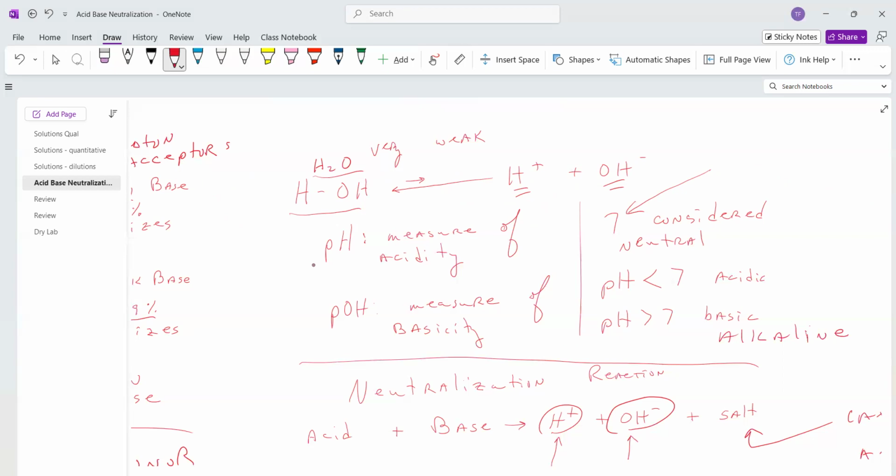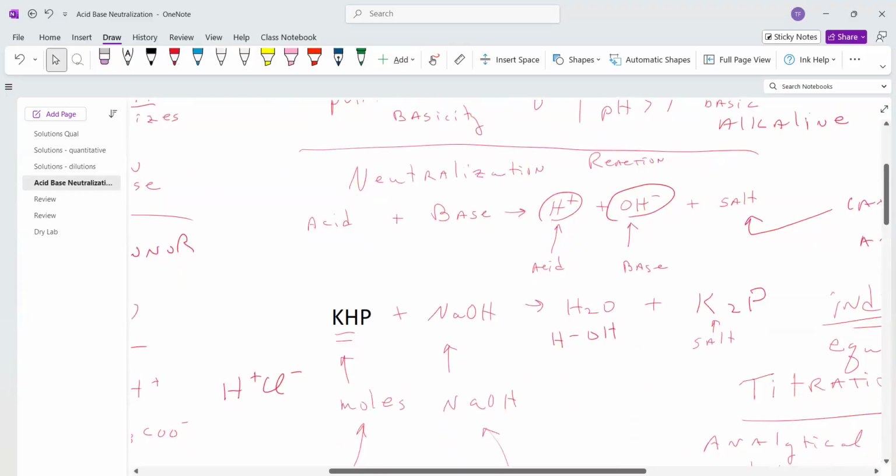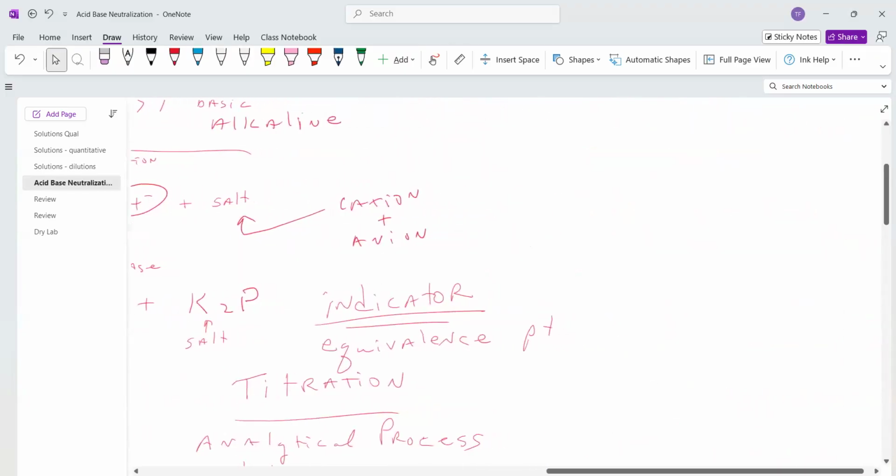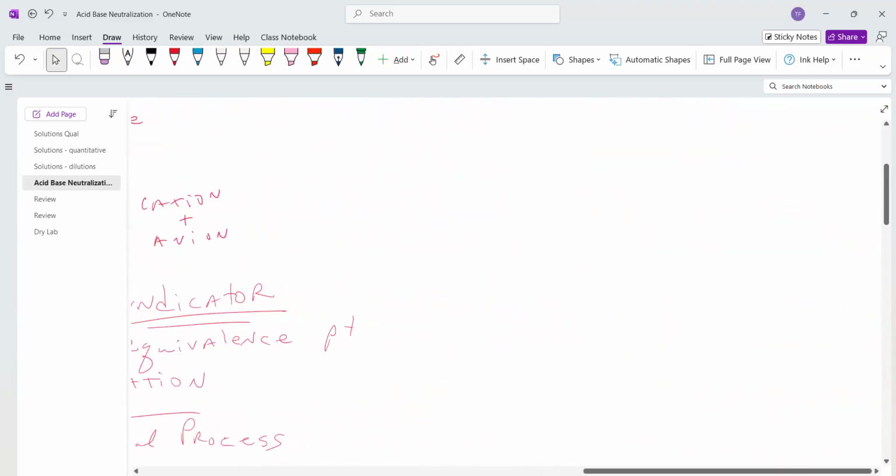Okay, so let's talk now about some solution chemistry as it relates to acids and bases.